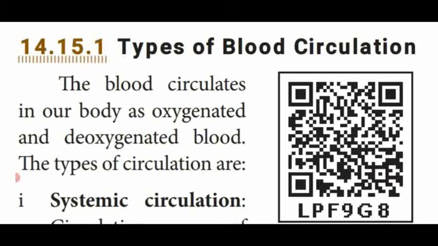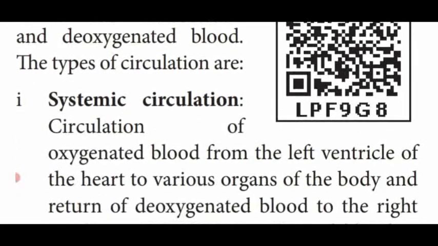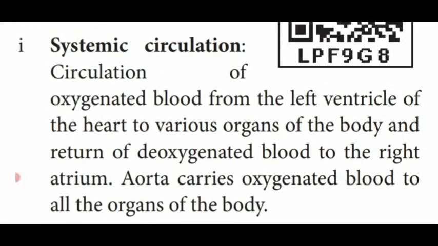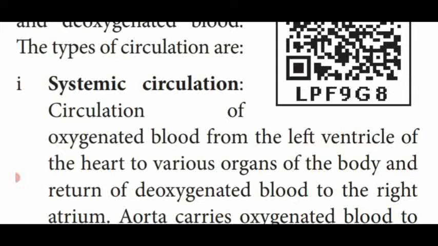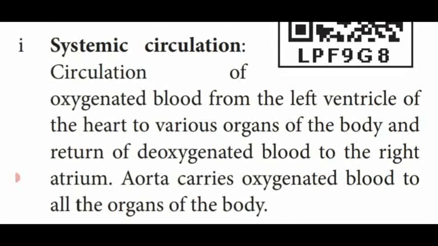Based on the circulation of oxygenated and deoxygenated blood, the circulation of blood is divided into 3 types. One is systemic circulation, another one is pulmonary circulation, third one coronary circulation. First, we are going to see the systemic circulation.